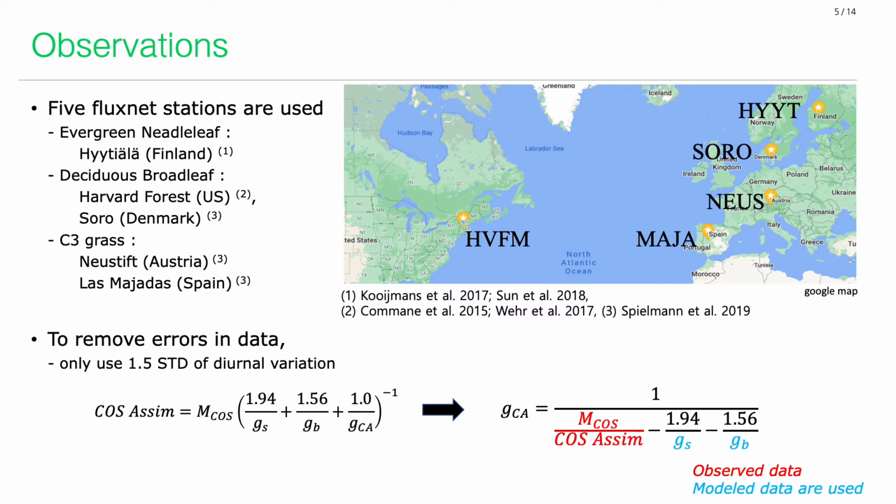Since there are no directly observed CA activities, we rearranged this COS uptake equation to find internal conductivities, like the equation on the right side. Regarding COS mole fractions and the COS assimilation, we used observed data, but we used modeled values for the stomatal and air boundary conductance because they are not observed directly either.